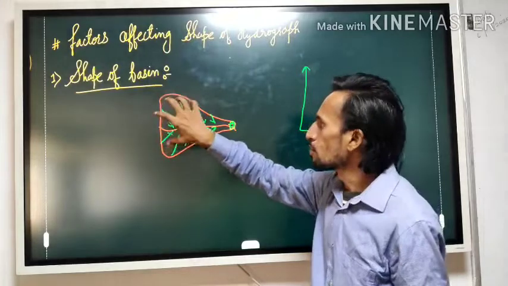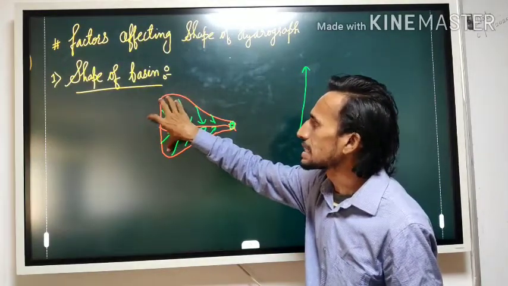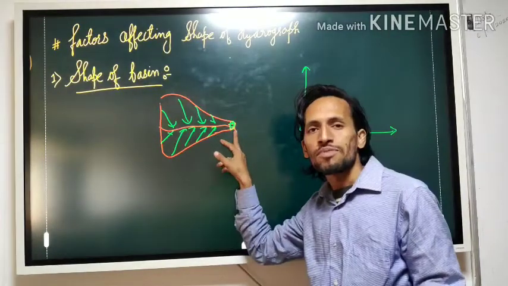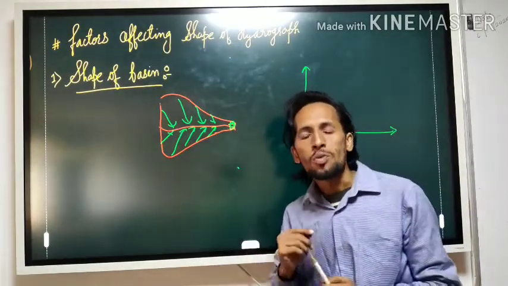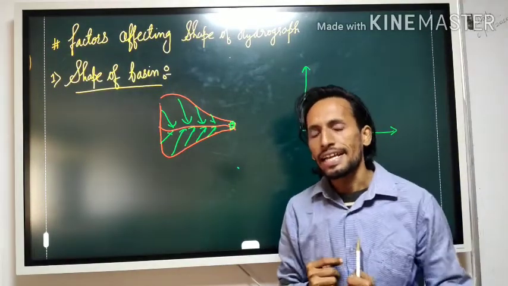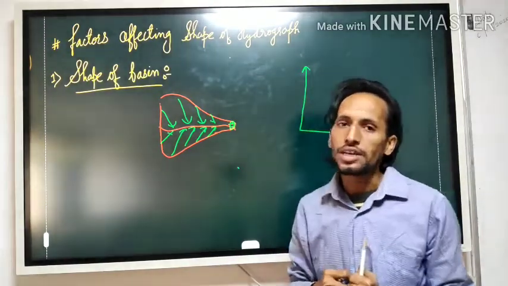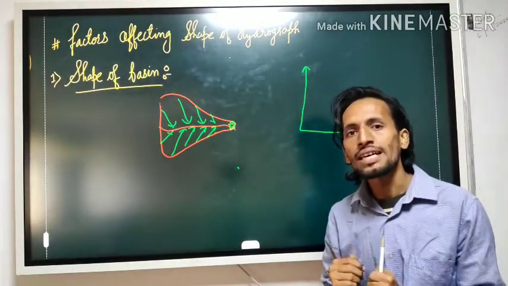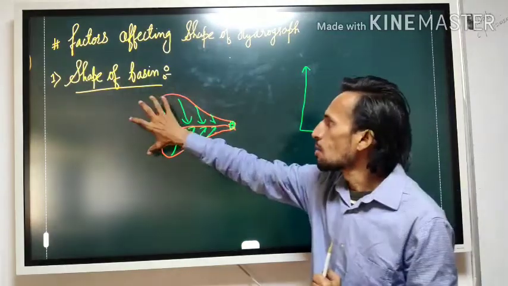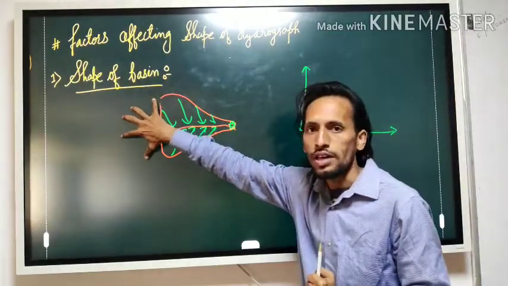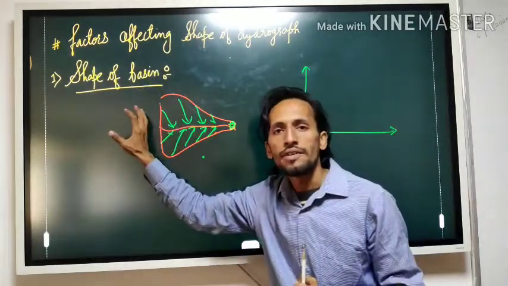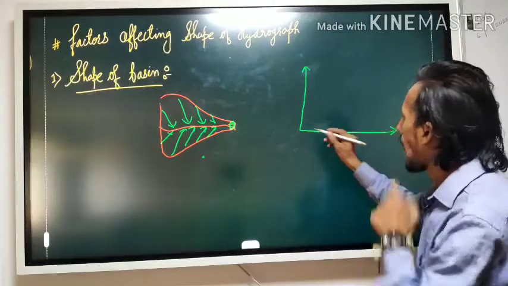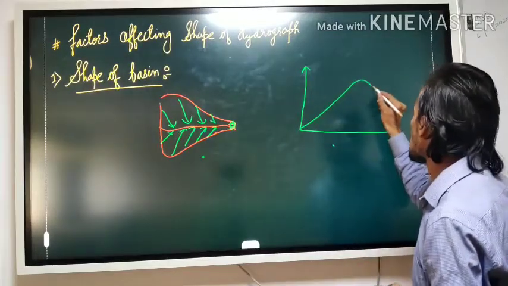Water will fall more in this portion and it will take longer to reach your gauge station, which can also be said as the peak in the hydrograph will be late. The peak of the hydrograph will be late because more water is coming from a broader area which is too far from your gauge station. So the hydrograph will be like this.